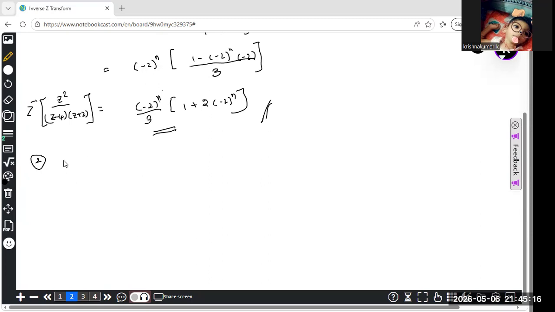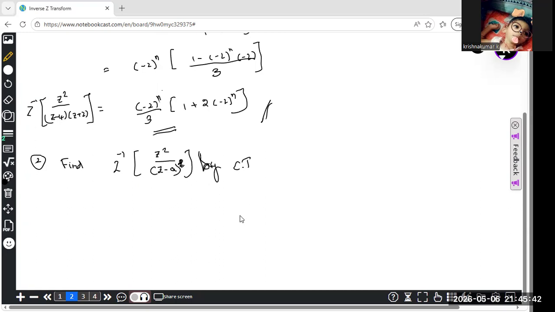Second one: find the inverse Z transform of the function z square divided by (z minus a) whole square. Here we have this type of expression, which is again a simple one, by using the convolution theorem.